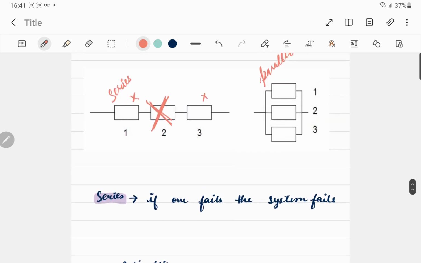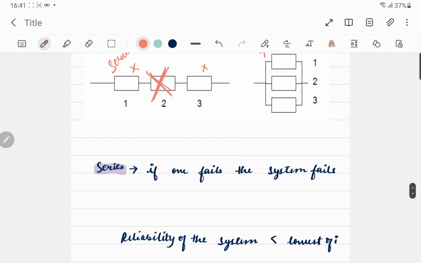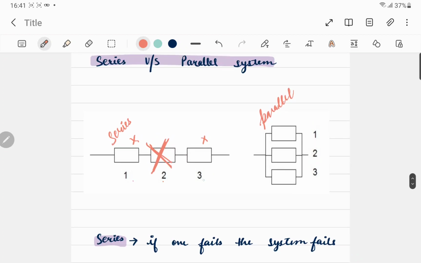So in this case, we say that the reliability of the entire system is less than the lowest Ri, where i is any unit that we have. So let's say out of 1, 2 and 3, 3 has the lowest reliability. So we can say the entire system will have a reliability even less than the third one.